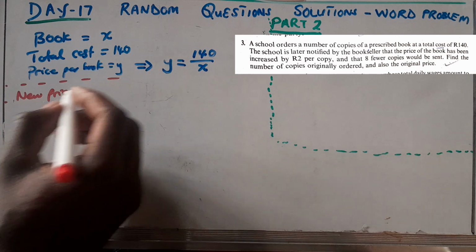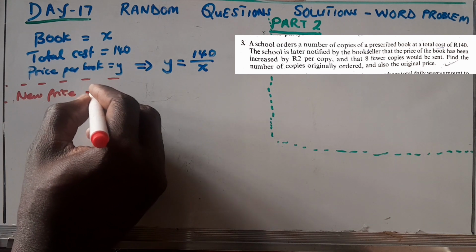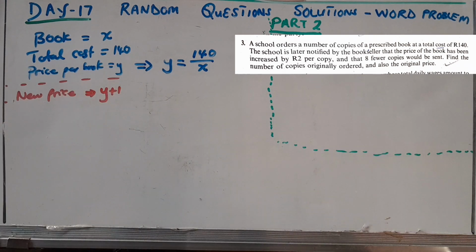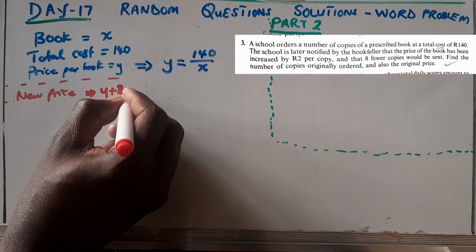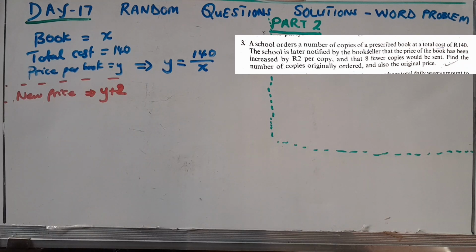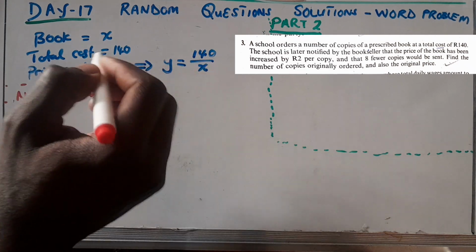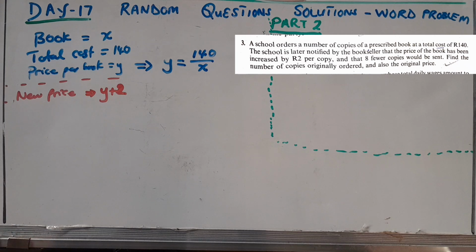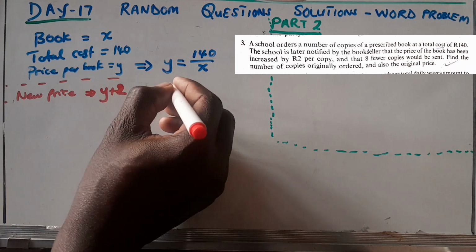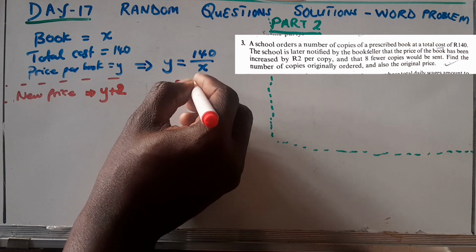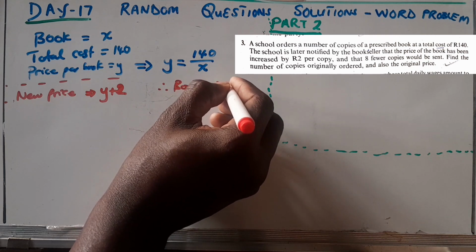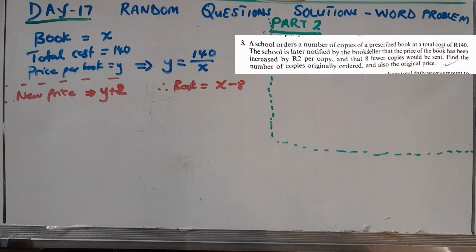So if this was costing Y, the price is now Y plus 2, I'm sorry, because it has been increased by 2 rand. And then 8 fewer copies would be sent. So if at first they ordered X number of books, now they'll receive 8 fewer books. So it means that now the books will be equal to X minus 8.